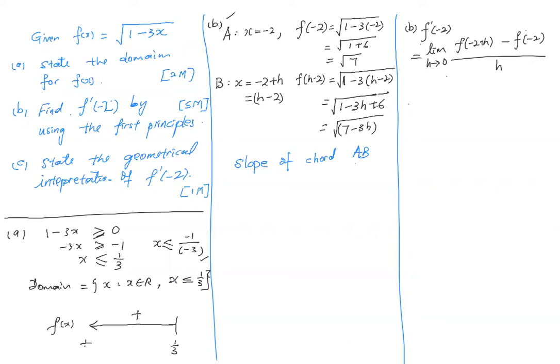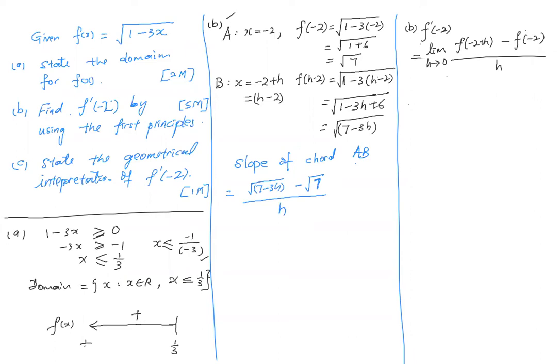So this is equal to y2, put in bracket, minus y1, you see, 7, divided by, okay, whoever doesn't want to put h minus 2 take away -2, you can just put h here.